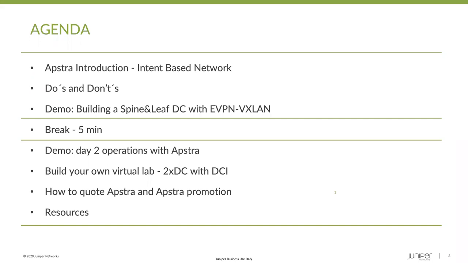And last but not least, there are some promotions we have out there as of May or June this year. That's good to know, and some packaging around that to make it easy for you as a partner and customer. And then also some resources that could be useful in terms of training and so forth.